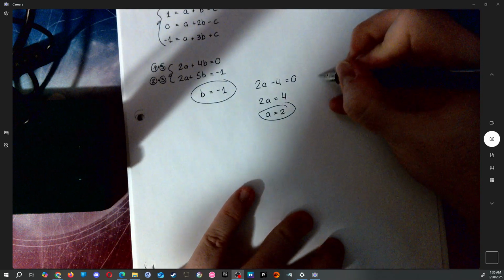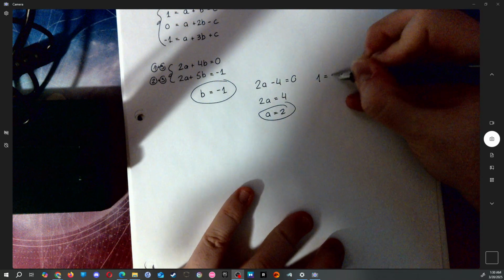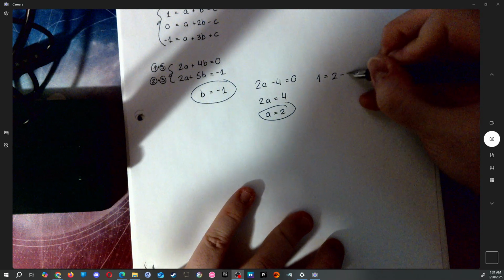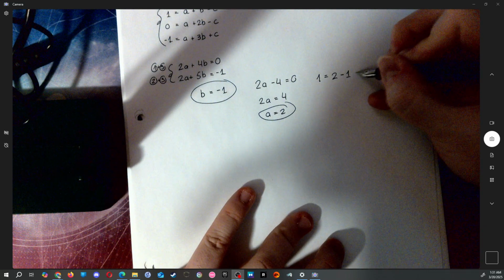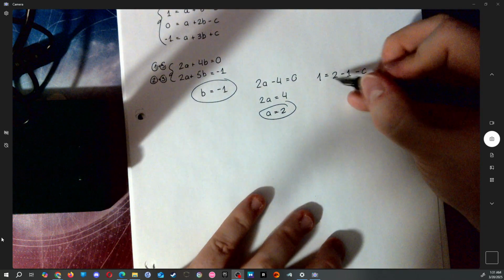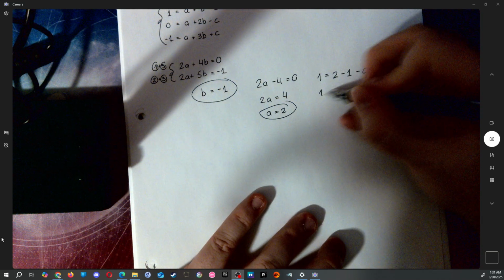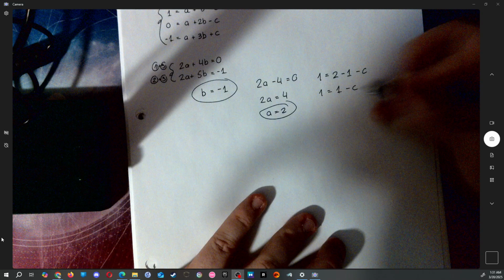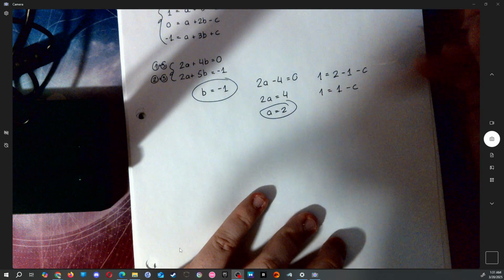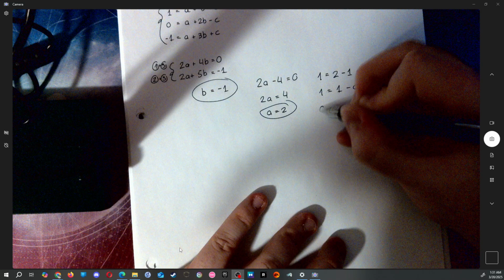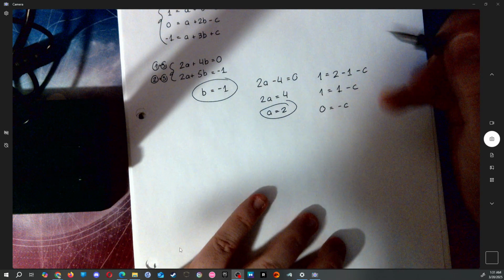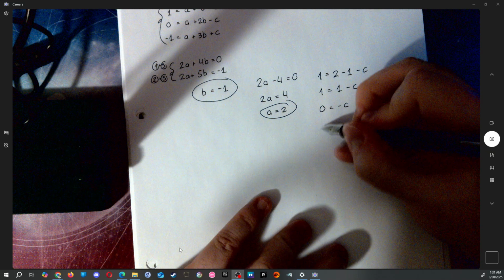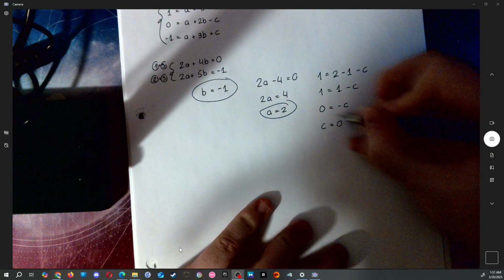So 1 will be equal to my a value of 2 minus 1 because that's my b value, minus c. And now 2 minus 1 will just be 1. And move the 1 over to the other side, and it just becomes 0 is equal to negative c. And obviously, if negative c is equal to 0, then c is also equal to 0.